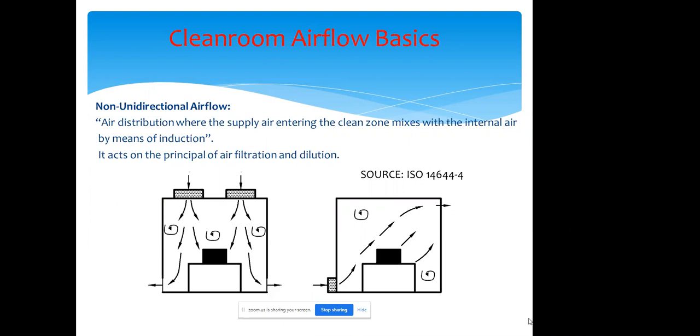If this is your room, and then up here you have your air handlers, and these are your terminal HEPA filters. So the air is going in, but there's no direction to it. It can go in and come down through here. Some of it is making U-turns and swirling around. And in this type of clean room, it's going to be hard to get all your particles suspended in the air to be recycled out of the air or to be cleaned out of the air.